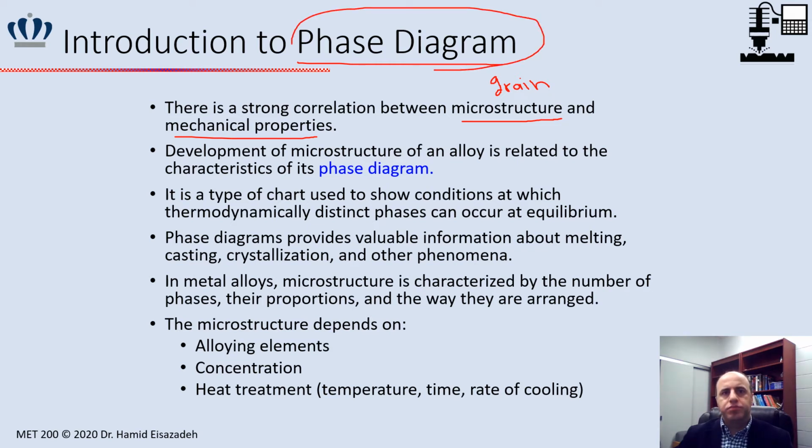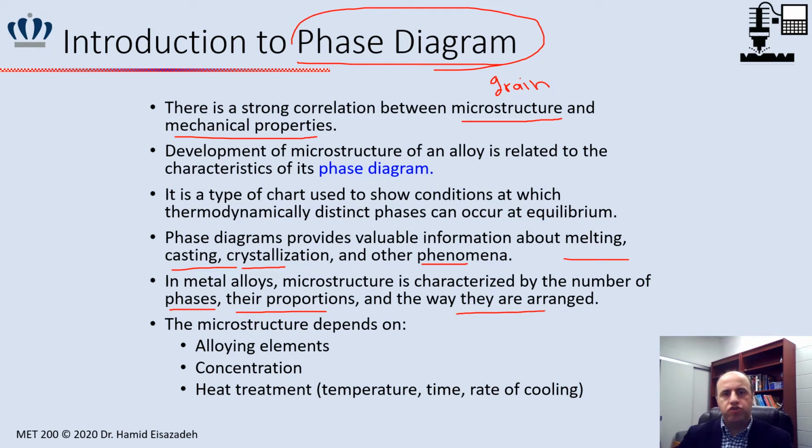And what we can get from the phase diagram is melting, casting, crystallization, at what temperature the material starts crystallization, grain formation, or what are the number of phases, how many phases we have, and what their proportion is, and how the grains are arranged.